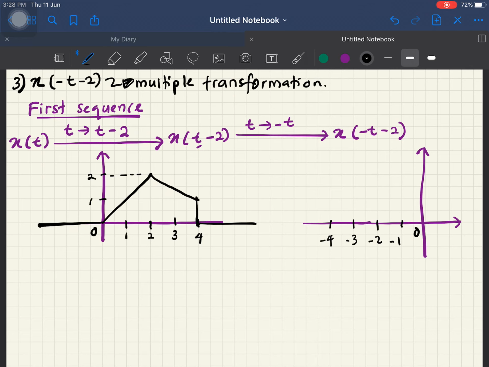Everything here will be inverted. So instead of happening at positive 4, it will happen at minus 4. The peak here, instead of at positive 2, will be at minus 2. And this one at 4, you go to 1 second, like that. So you will have a signal that looks like this.